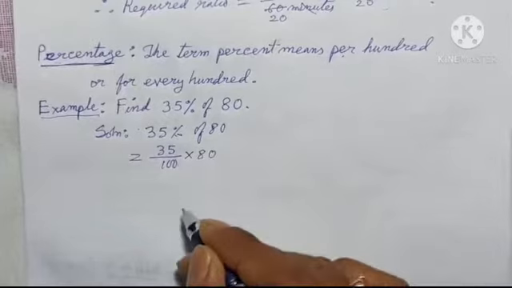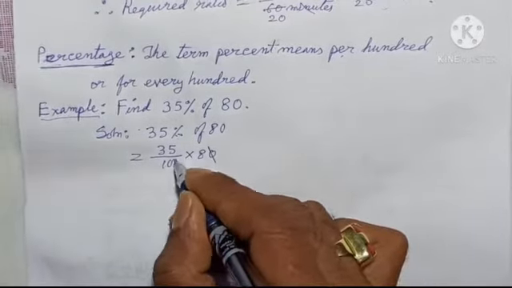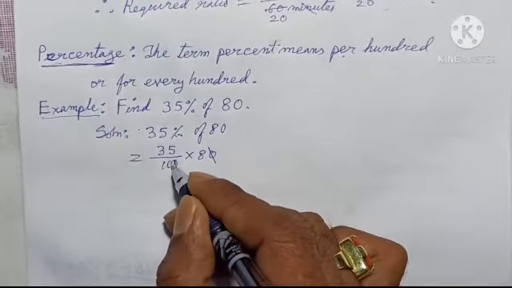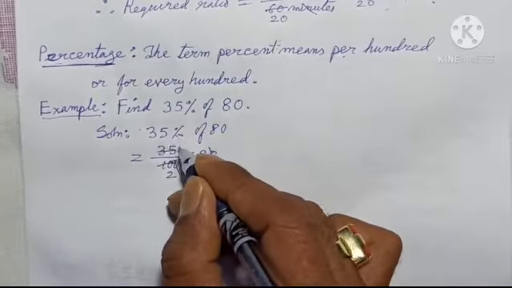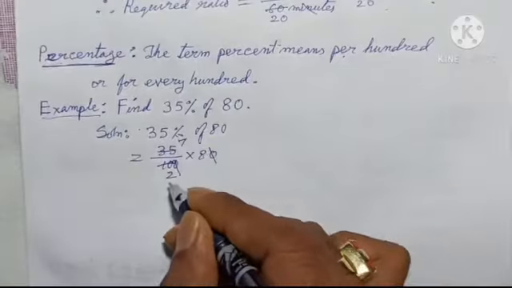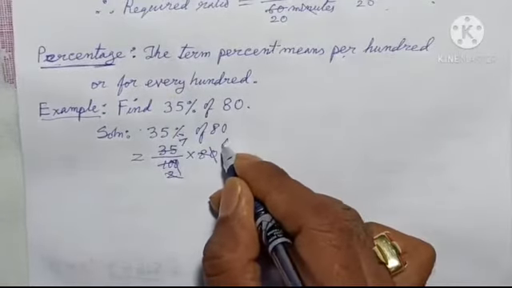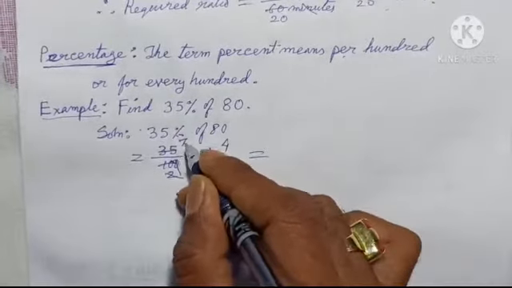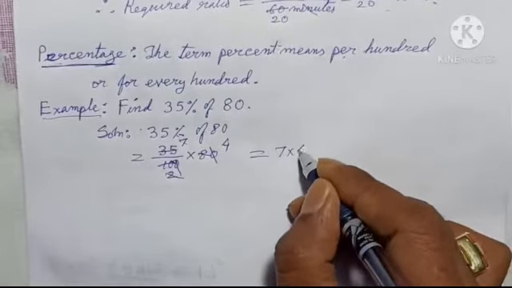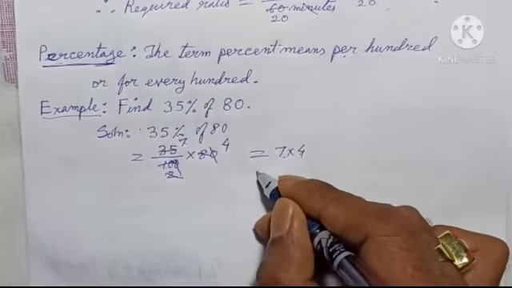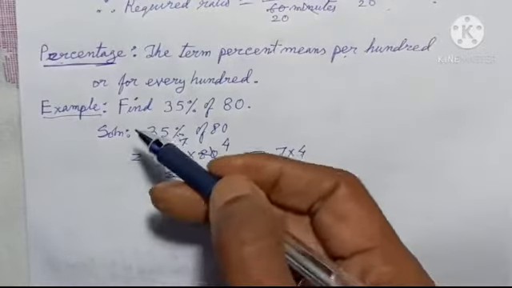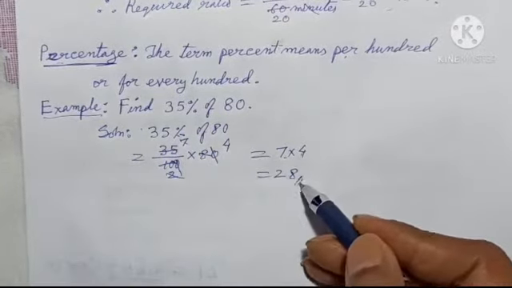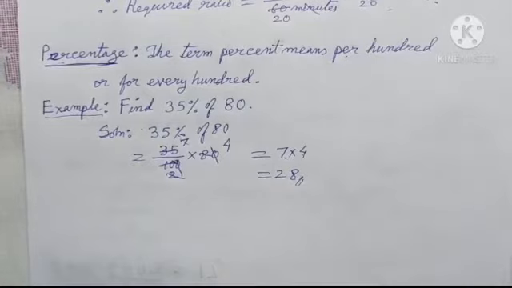Next is 80. 0 and 0 we can cancel, then we can divide by 5. 5 2 times is 10. 5 7 are 35. 2 can divide 8, that is 4 times. Here 7, here 4. 7 into 4. We know that 7 4 times is 28. So we are getting 28. Okay, here it is over. I hope that you can understand this.